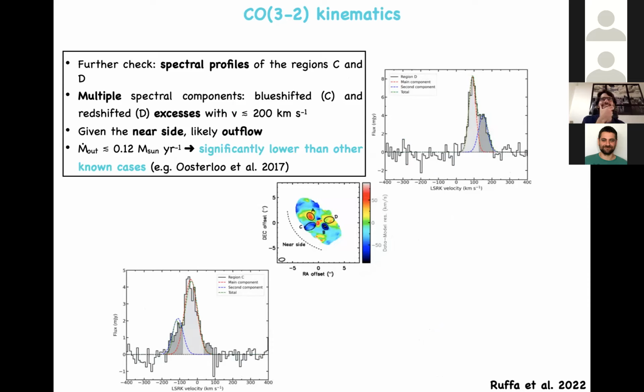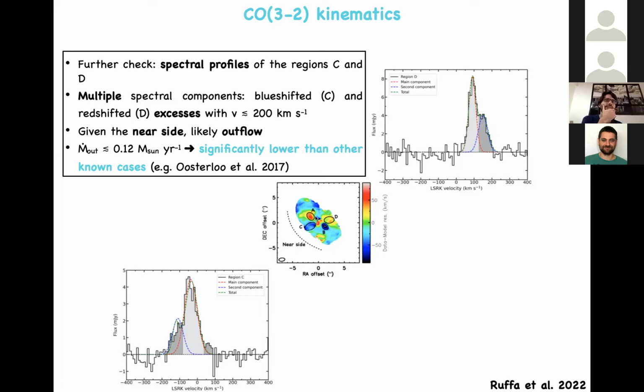Yeah, just to conclude, as a last check, we also extracted the spectra in the regions where the brightest residuals were found, and we found velocity excesses that are compatible with an outflow that is likely jet induced.